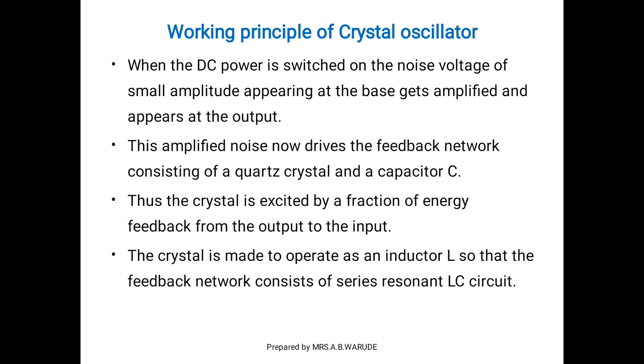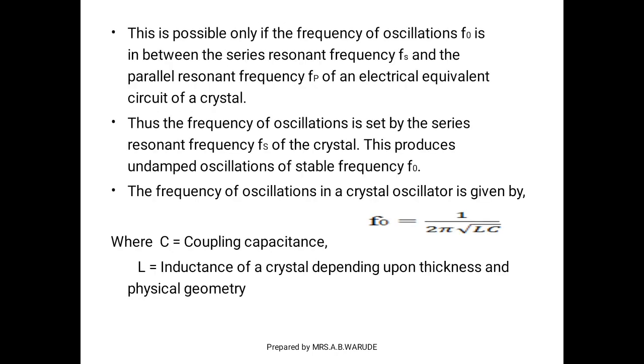The crystal is made to operate as an inductor L, so that the feedback network consists of a series resonant LC circuit. This is possible only if the frequency of oscillations, denoted by F0, is in between the series resonant frequency Fs and the parallel resonant frequency Fp of the electrical equivalent circuit of this crystal.